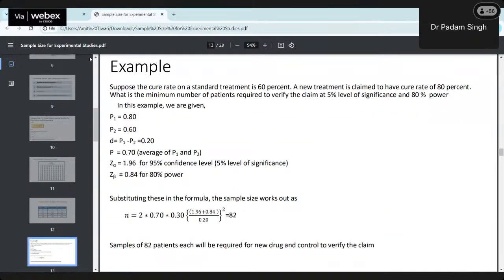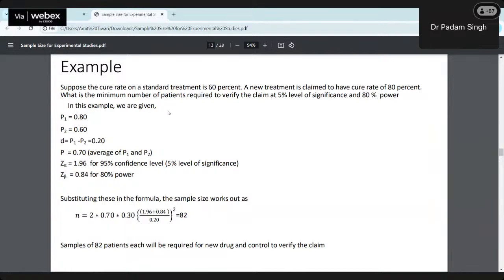Now let us come to this example. Please see. Suppose the cure rate on a standard treatment is 60%. जो मैंने example दिया था आपको. A new drug is claimed to have a success rate of 80%. What is the minimum sample size required to test this claim with 95% confidence level and 80% power?